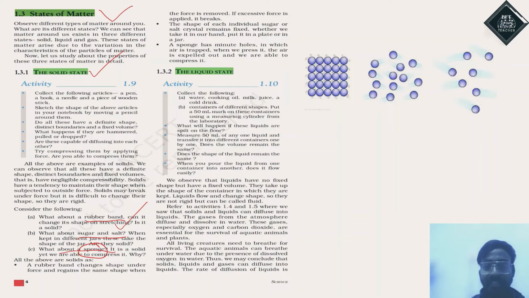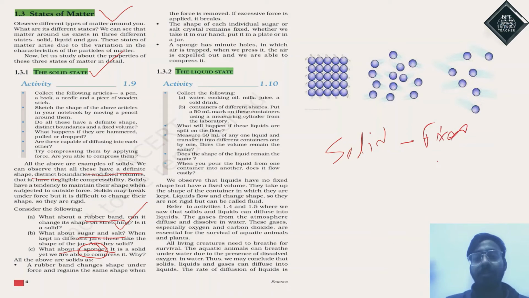So we can say solids have a fixed, definite shape and definite boundaries. So here I can write: solid, fixed shape, volume.